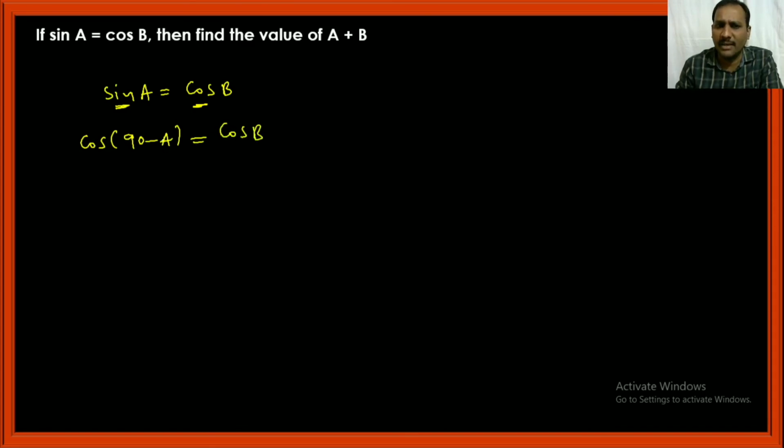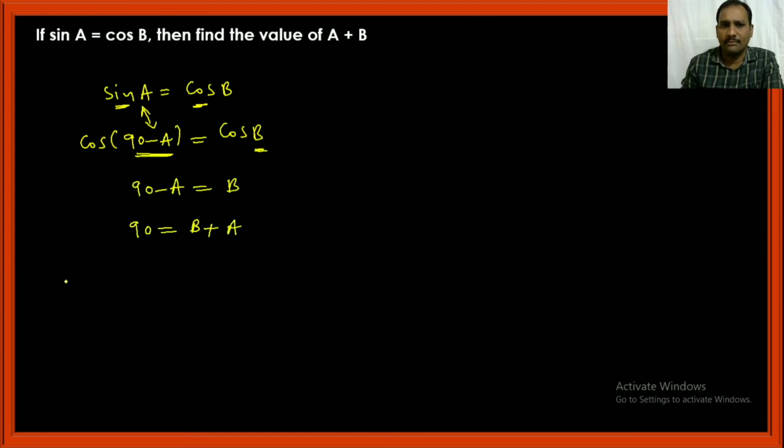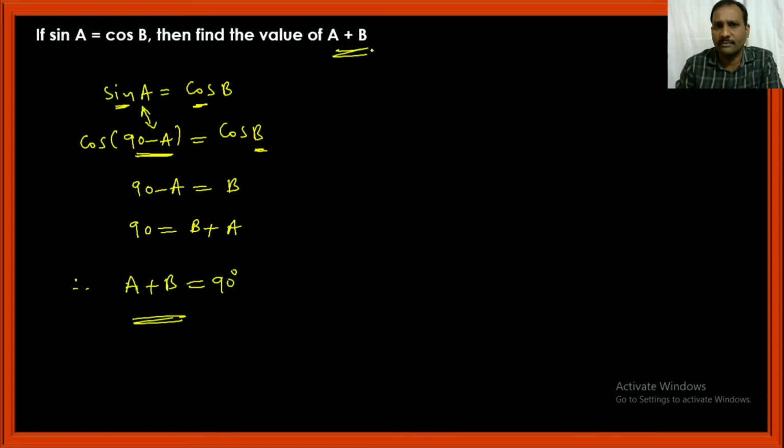Yes, cos 90 minus theta is sin theta. Now both sides have cos, so let us equate the angles. 90 minus A is equal to B. Now 90 is equal to B plus A. Therefore, what is the A plus B value? A plus B is 90 degrees. That's what we have to find.